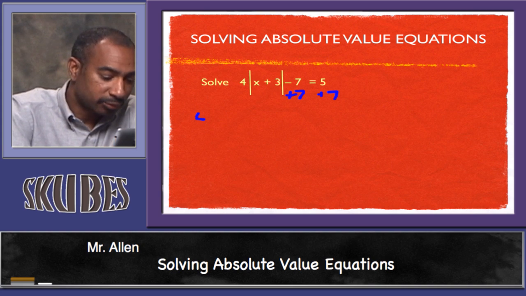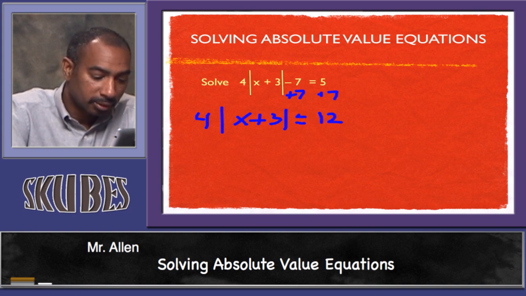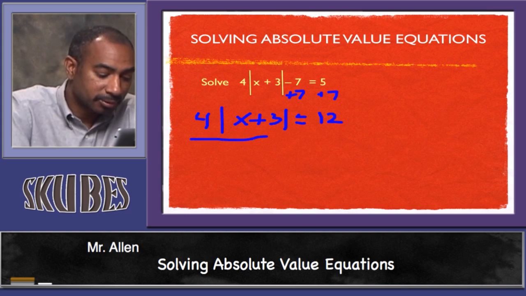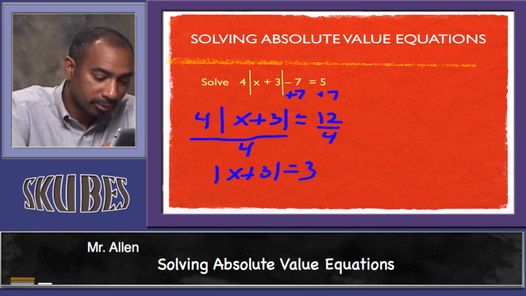So now what I have is 4 times the absolute value of x plus 3 equals 12. And since 4 is multiplied by the absolute value, I can divide both sides by 4. So I have the absolute value of x plus 3 equals 3.